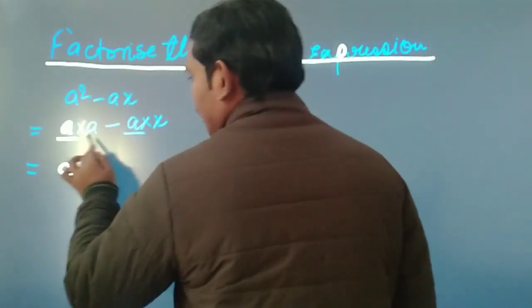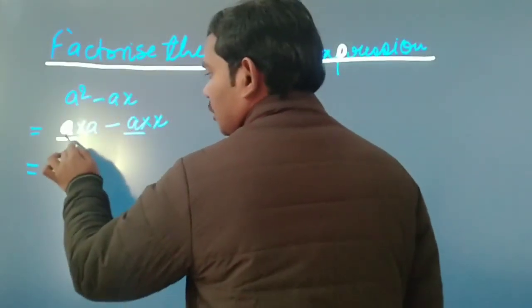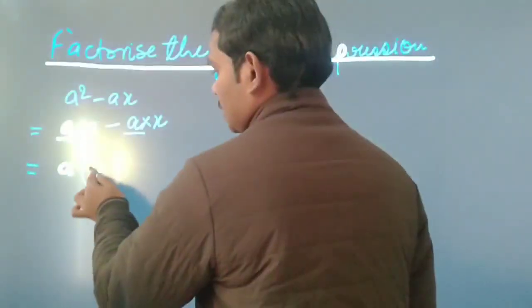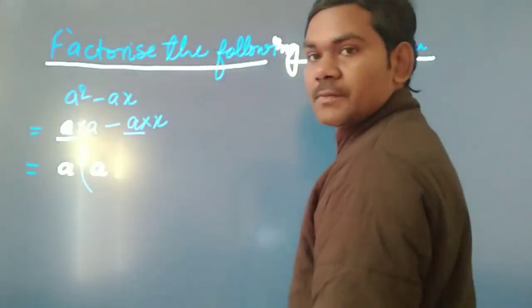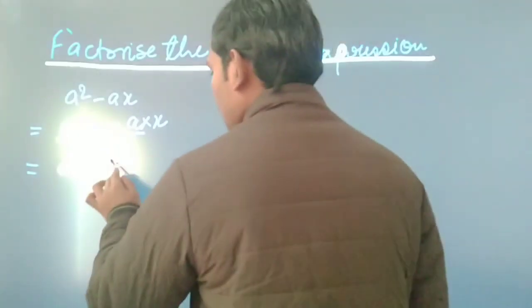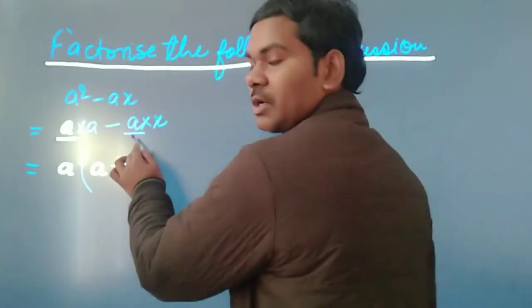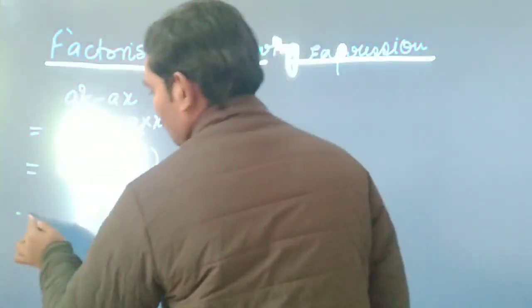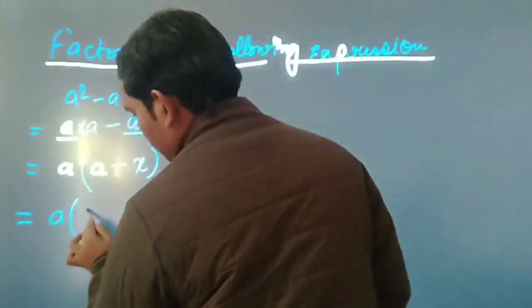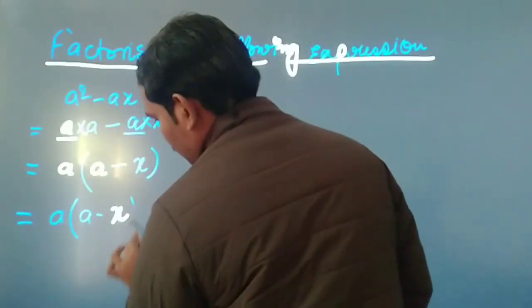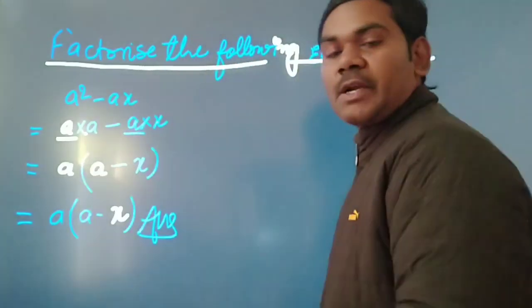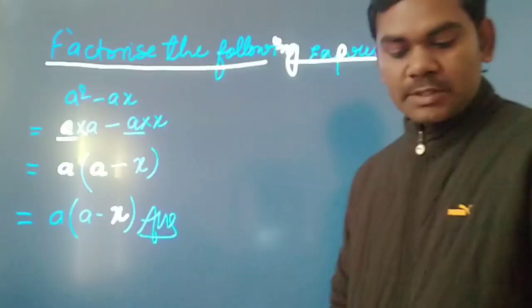When we take a from this quantity, one a is removed outside and the second a remains as it is here. Minus, when a is removed from this quantity, x remains, so we write x. So here we get a into a minus x, which is the required result. So in this way we can find the solution of such type of question.